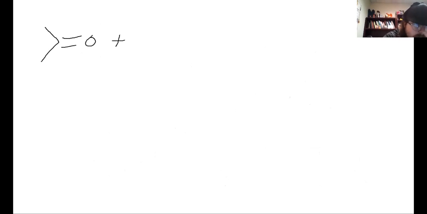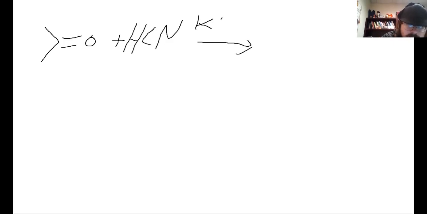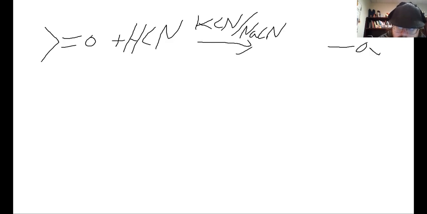You mix in HCN and then either KCN or NaCN, so essentially a cyanide buffer. That CN minus is a strong nucleophile, and HCN can protonate this. And essentially what you can form is a cyanohydrin.